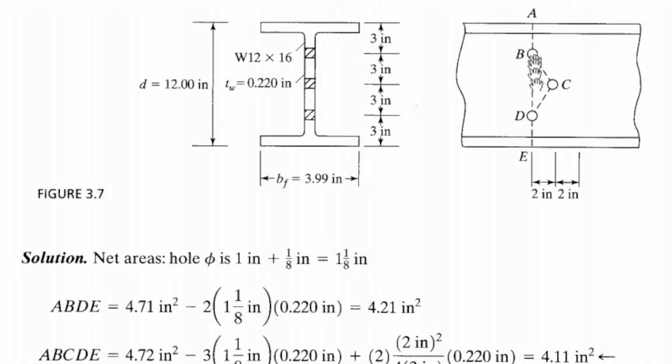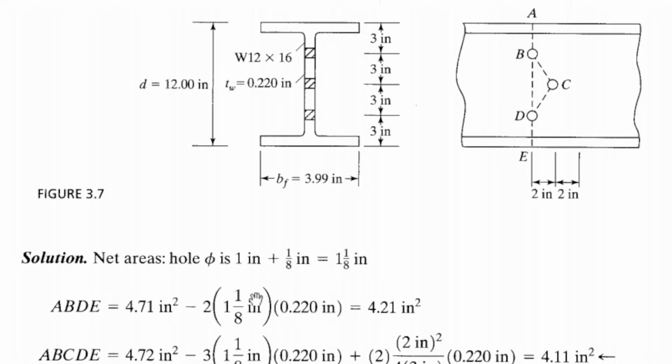There are two holes here, B and D holes. Therefore, you need two here. And what is this? This is the diameter of the hole. The diameter of the bolt is 1 inch plus 1/8 inch, 1 and 1/8 inches.